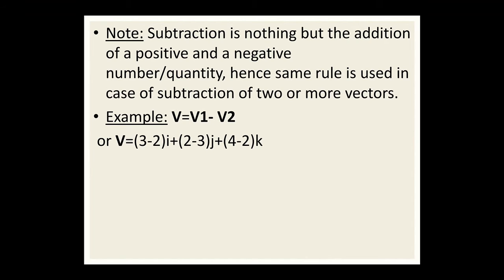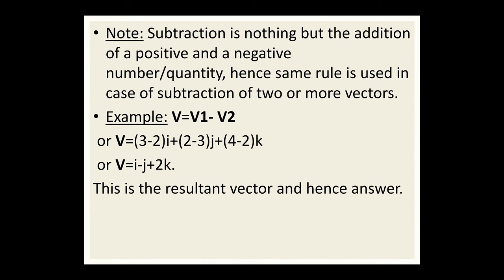So when you subtract v1 and v2, you will get v is equal to (3 minus 2)i plus (2 minus 3)j plus (4 minus 2)k. So your final vector v will be i minus j plus 2k. This is the difference of v1 and v2. This is your resultant and hence the answer.